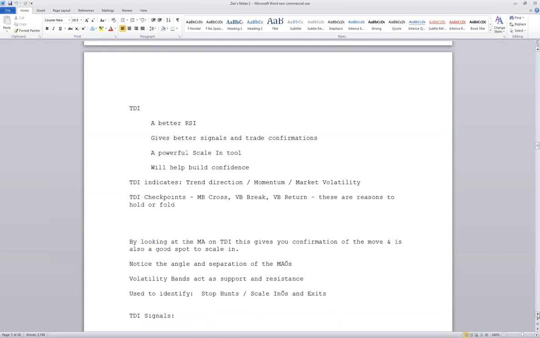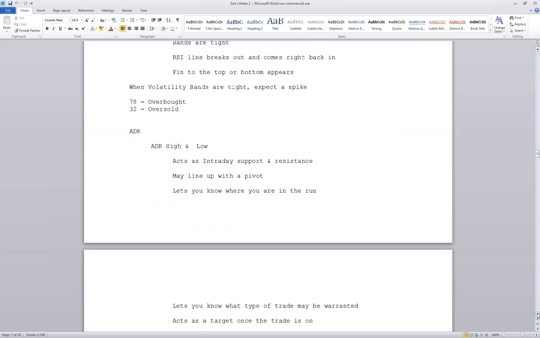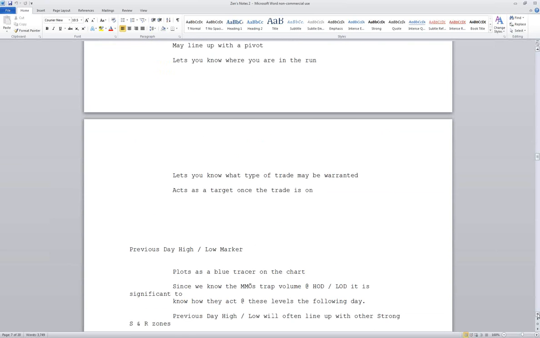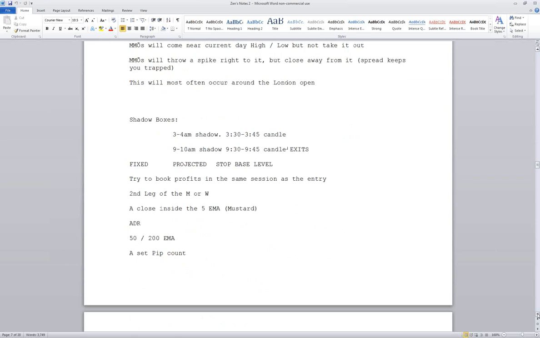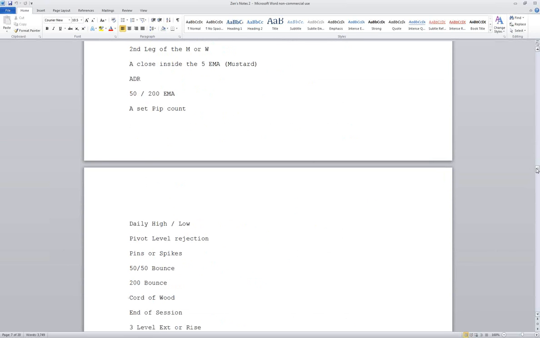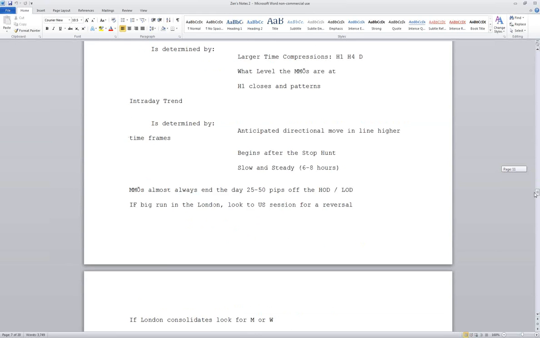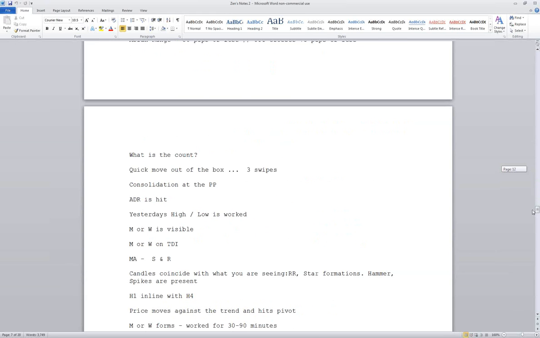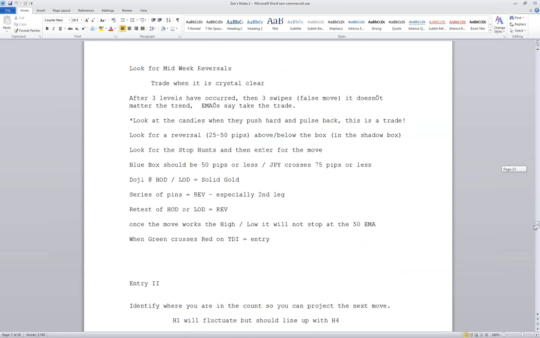Let's look a little bit more here. There's some of the TDI signals, ADR, previous day high-low marker, shadow boxes. Just over and over, there's all kinds of stuff here. And one of the students the other day said, hey, Zen, can I look at it? And I let them look at my notes for a few minutes. They asked me if they could have copies of it.